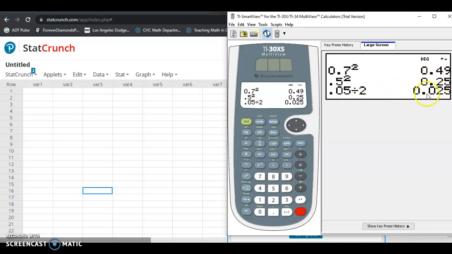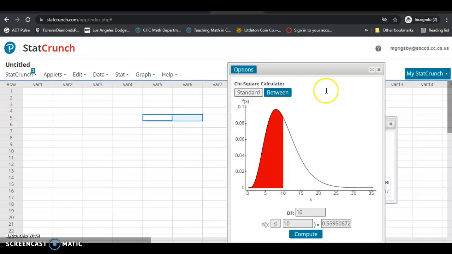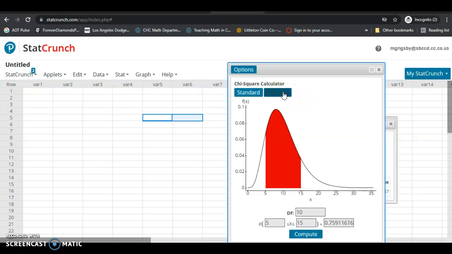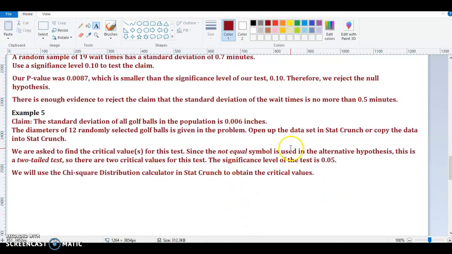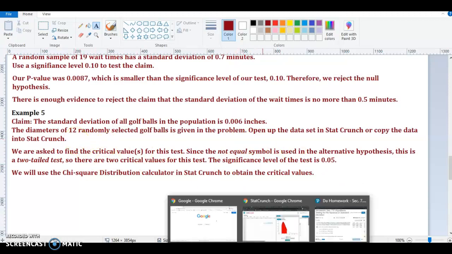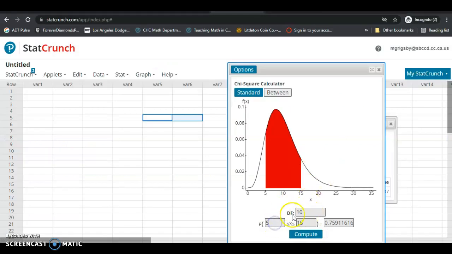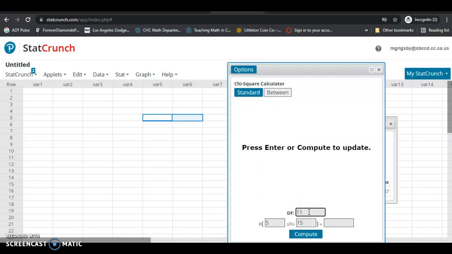That may or may not be necessary, depending on how you use this calculator to get the critical values. But let's go ahead and select between. Okay, so it did say our sample size was 12. So the degrees of freedom would be 12 minus 1, which is 11. So the degrees of freedom, which goes in the top box here, is 11. So it's always equal to the sample size minus 1.